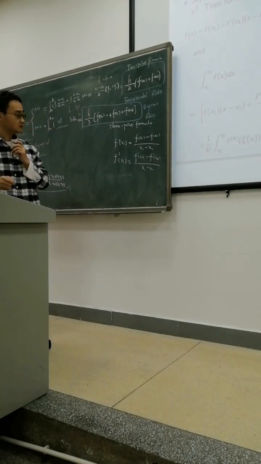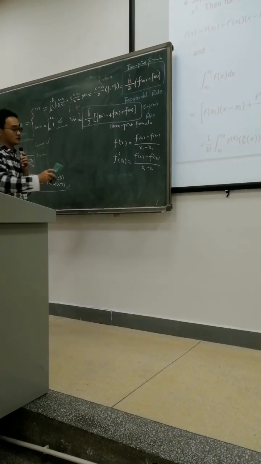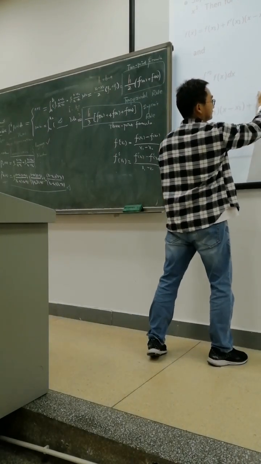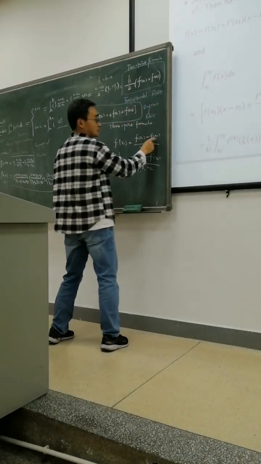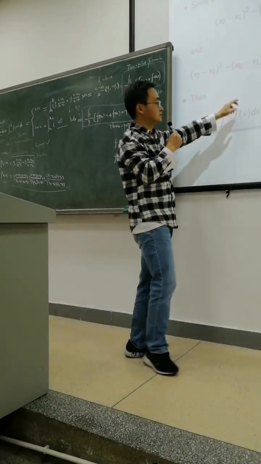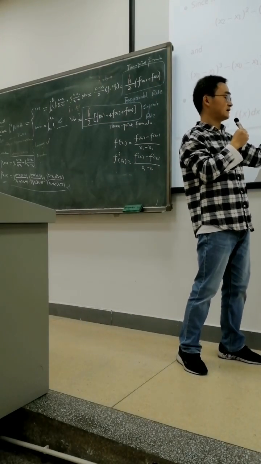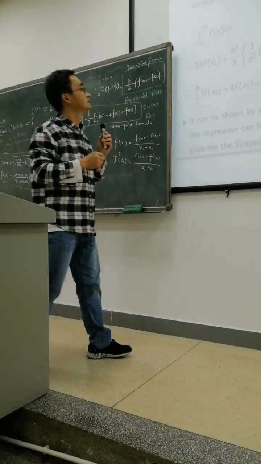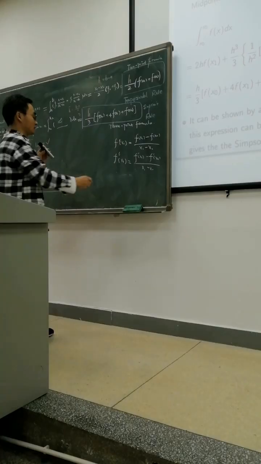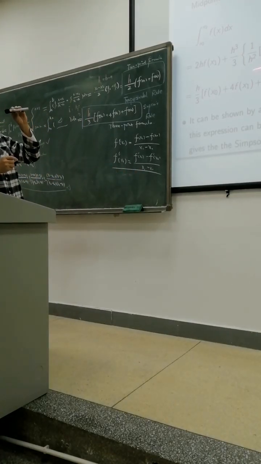That is numerical differentiation. So we may replace these two terms with just function values. If we replace these two terms with function values, we just have the function values. So this one will be right here, and we get the formula.